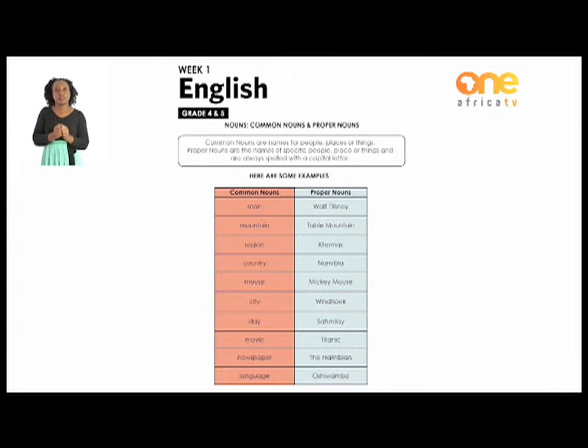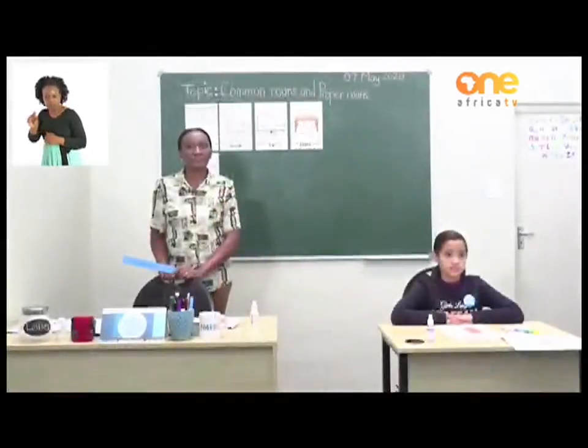Those are a few examples of the common nouns that we have. Now, remember, we do not start a common noun with a capital letter unless it starts a sentence.